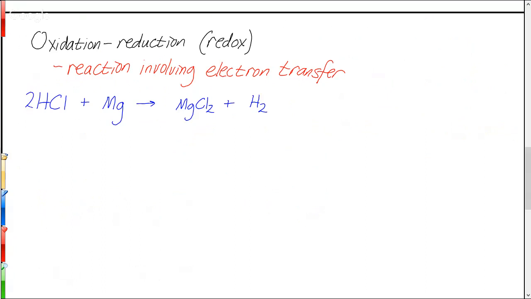So how do we know that this is an oxidation reduction reaction? How do we know electrons move? We know because some of the atoms here change charges. Does anybody see an atom that changes its charge over the course of this reaction? In other words, it has a different charge on the left than on the right.